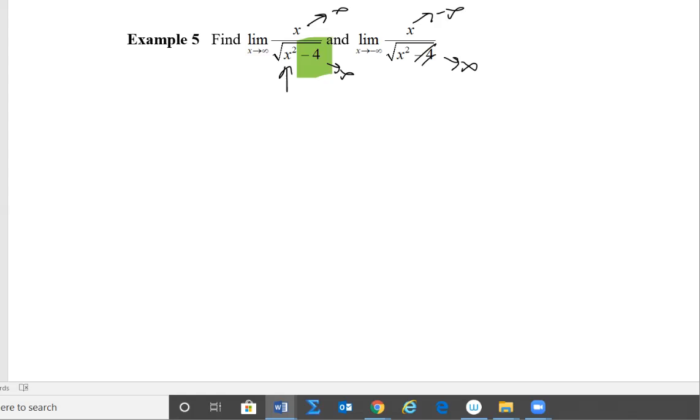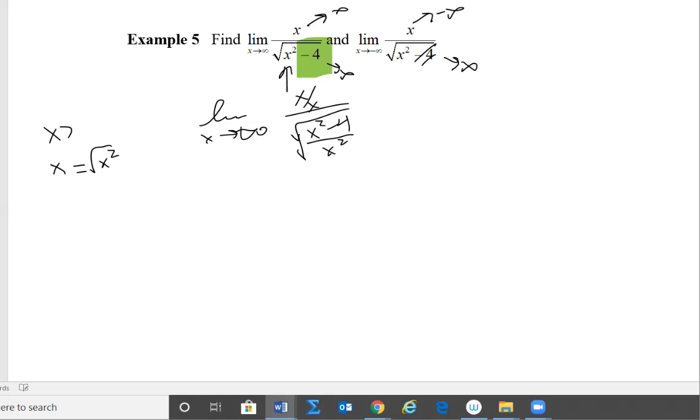Now, if you wanted to look at a little bit more detail, what you'll do is divide by an x like that. And down here, we'll put an x squared in there. Now, since x is positive, I can exchange the x for the square root of x squared for x positive.